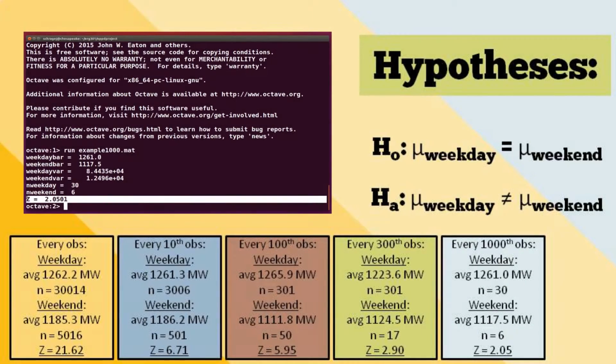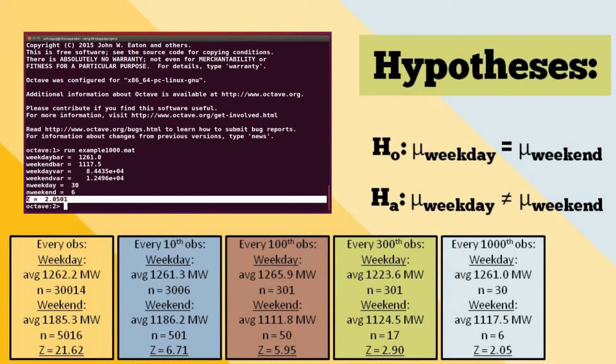But here's the deal. This Z value here is not reaching the value for 99% confidence. Remember that critical value of Z was, I think, 2.57.